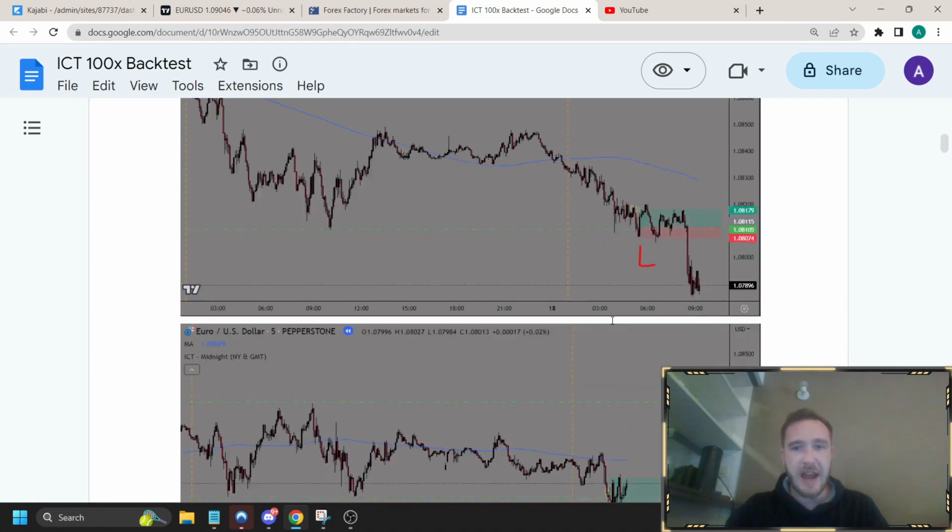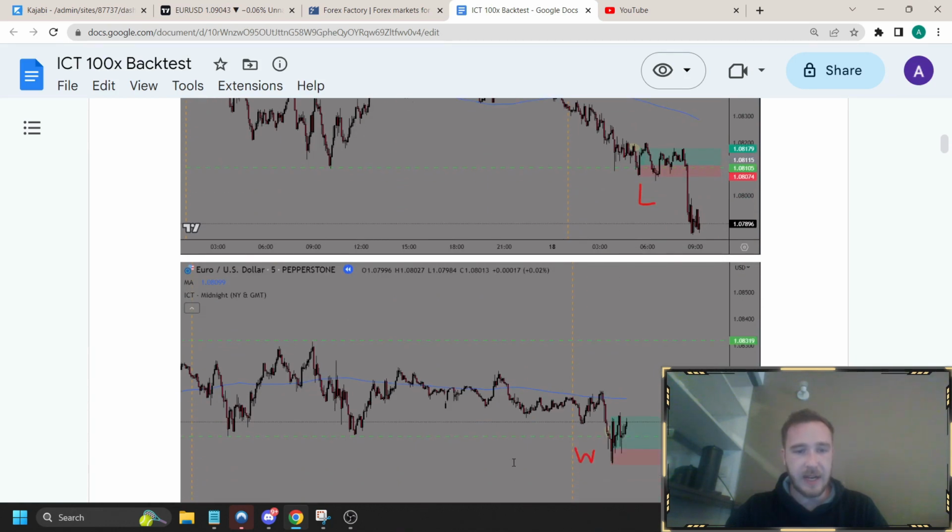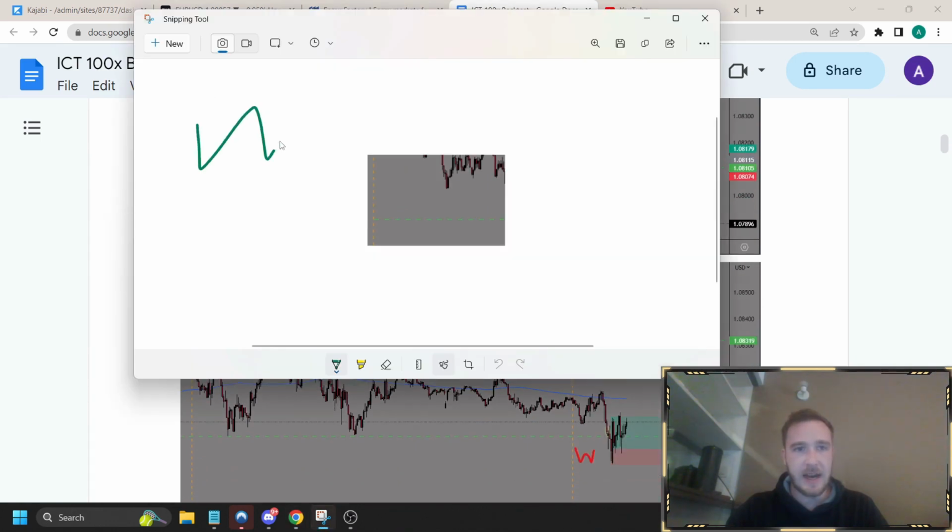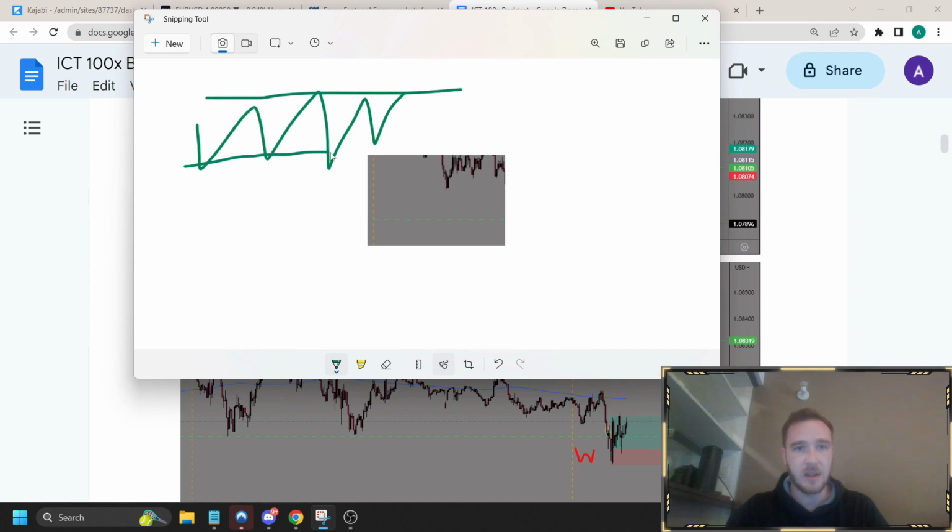One of the questions I had was, let me draw it out for you guys. Let's just say this is the price action for the day. That's the high, that's the low.